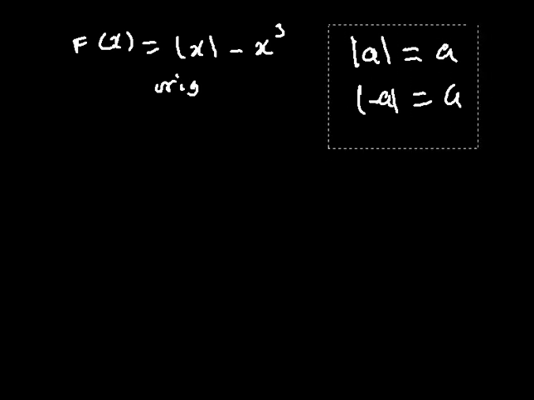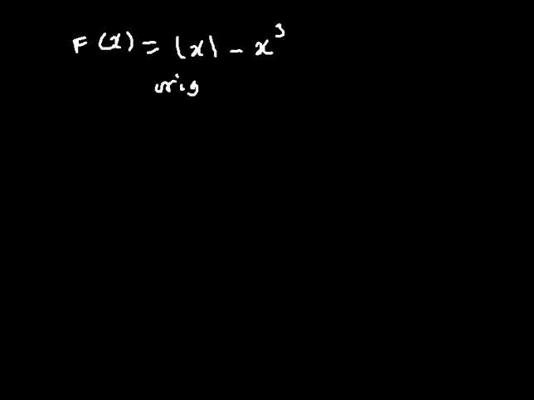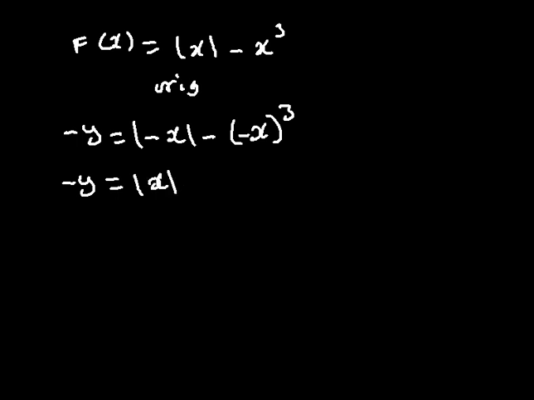So in all cases, if we test the symmetry about the origin, we have negative y equal to the absolute value of negative x minus negative x to the power 3. Of course, the absolute value of negative x is the same as the absolute value of the positive x, and that will be given as, what is the absolute value?